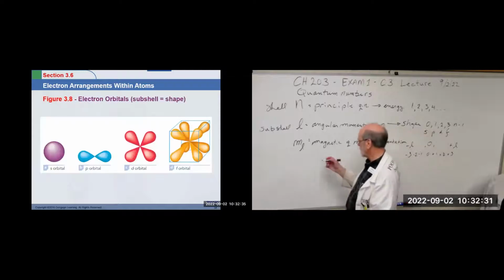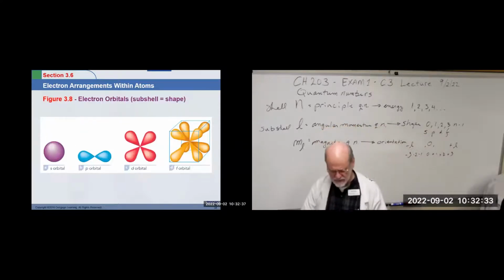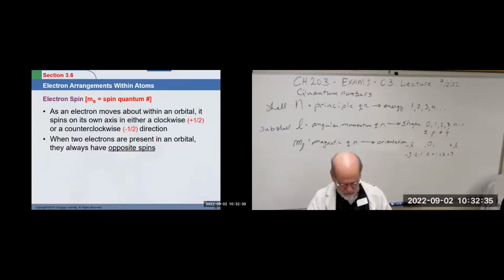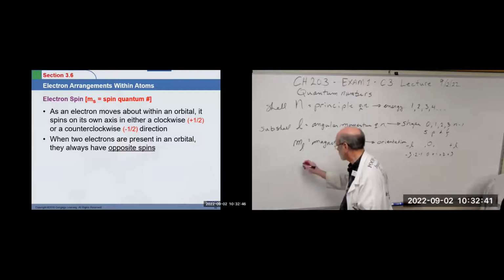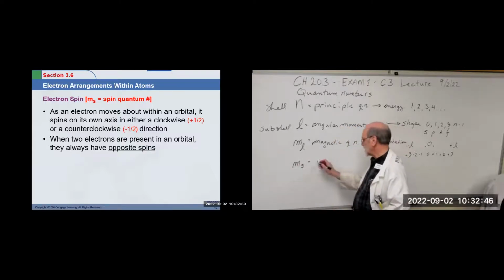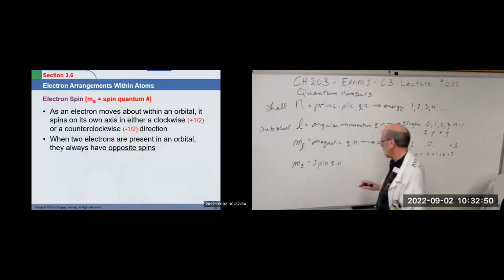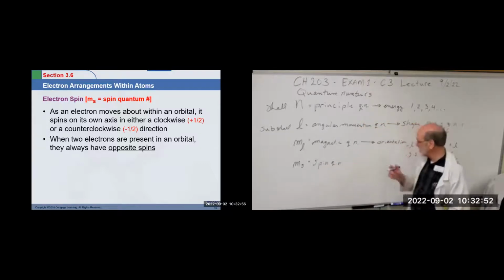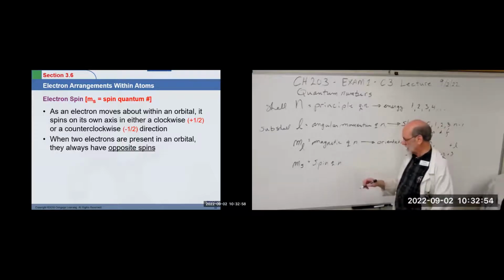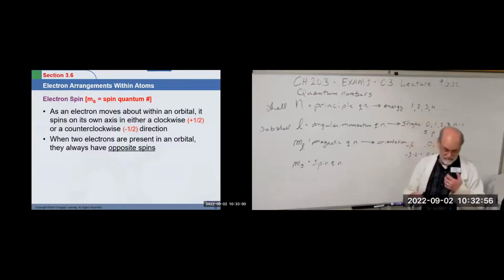Okay, and the last one is m sub s, I believe. There it is, m sub s. This one's the simplest one of all. This is the spin quantum number. Theoretically, which way is the electron spinning? Is it clockwise or counterclockwise?